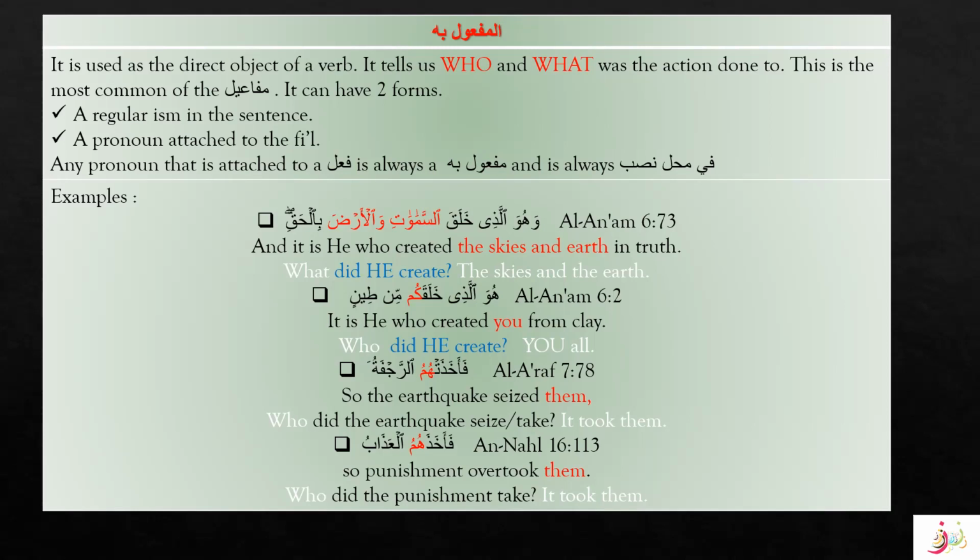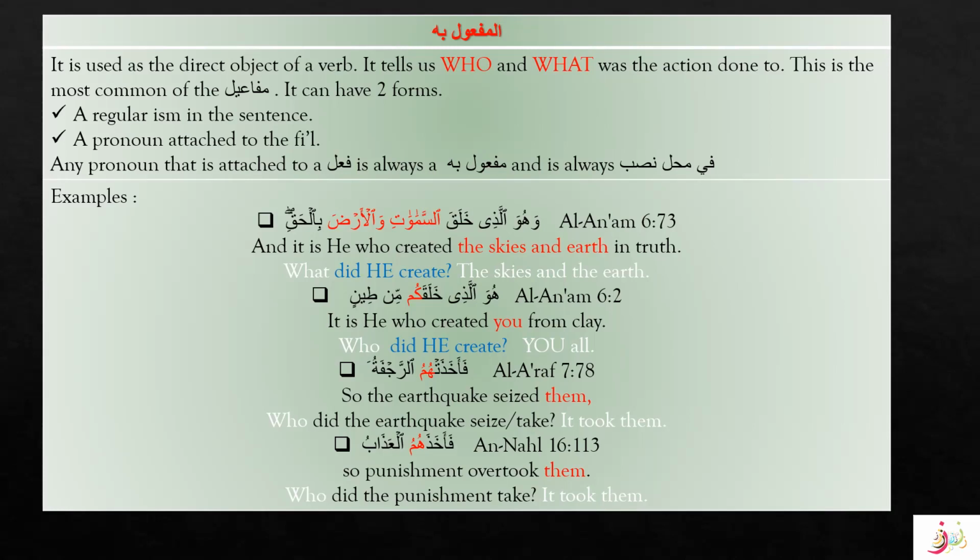Now we are learning that a pronoun attached to a fi'l is always a maf'ul bihi, and it is fi mahalli nasb. These are a few things you have to remember for maf'ul bihi when you look into any ayah or sentence to find out what type of maf'ul it is. Look at the examples and things will be clear to you, inshallah.